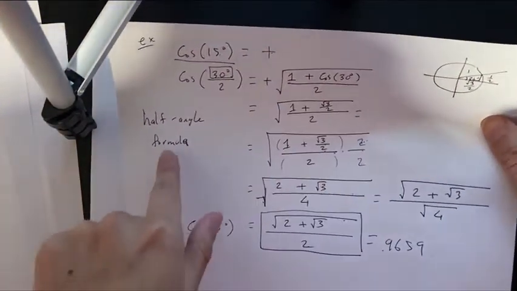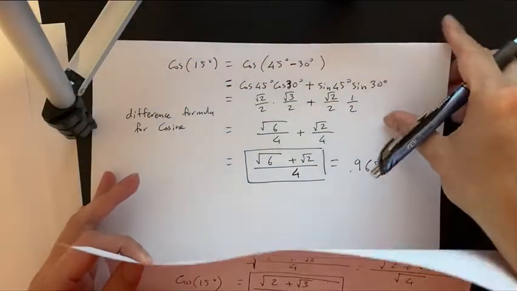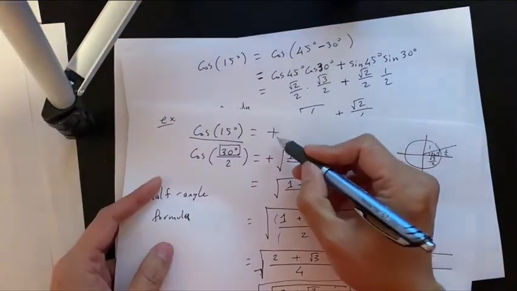Okay, so I'm going to focus on the half angle formula because they're quite tricky to apply, because you do have to recognize if it's going to be a negative or a positive right away. Let's do one more example.